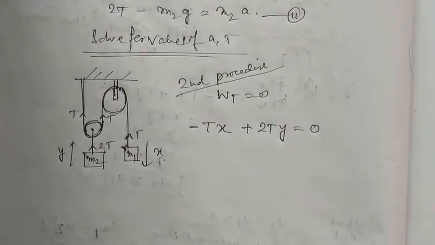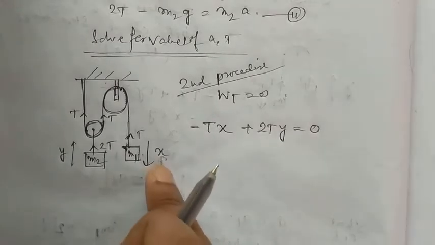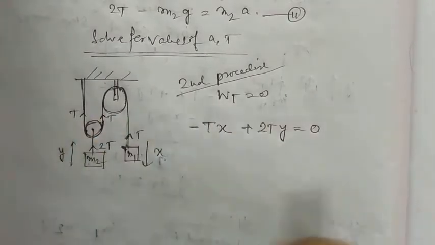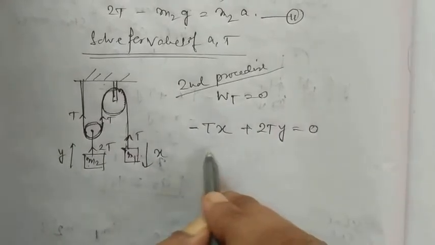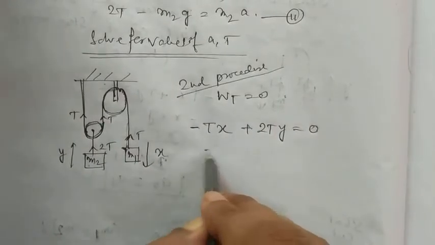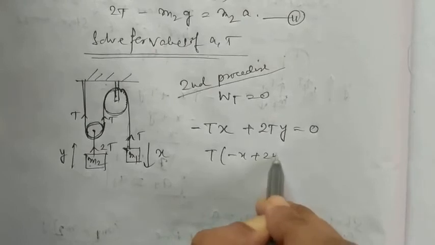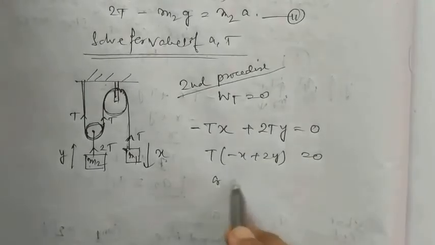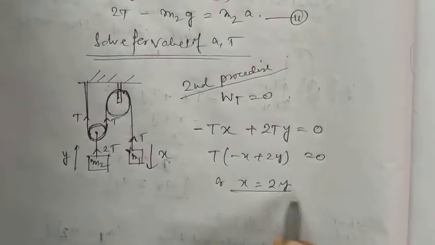So the sum of the work done by the tension forces is equal to 0. If we eliminate T, taking T common, we get minus x plus 2y is equal to 0, or x is equal to 2y.